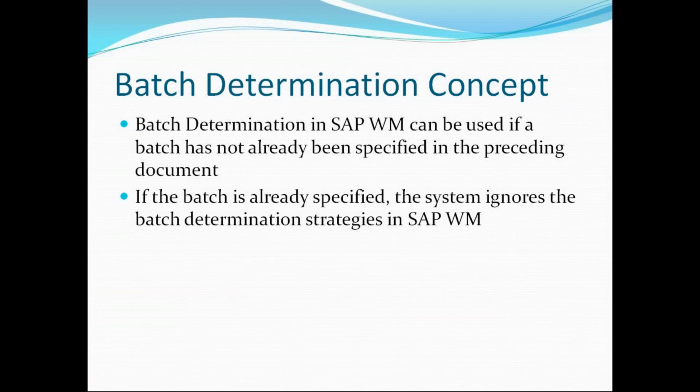So this is an interesting concept that is basically used in warehouse management. The batch determination is basically used in the pharmaceutical industry and various other industries to determine each lot of the items to be picked.